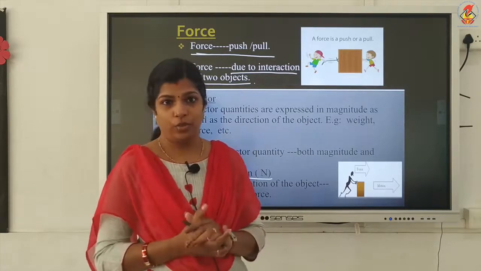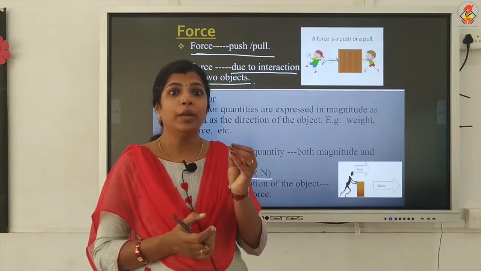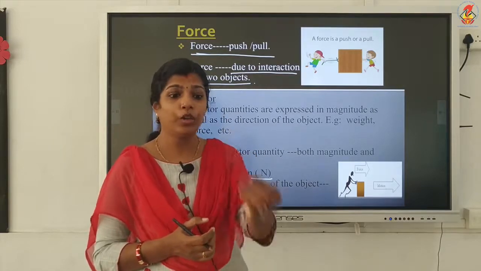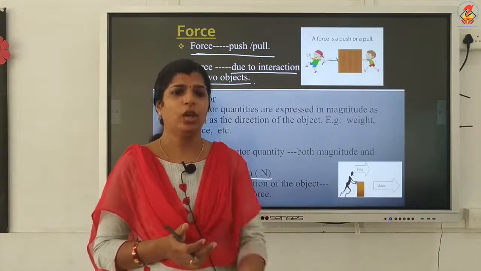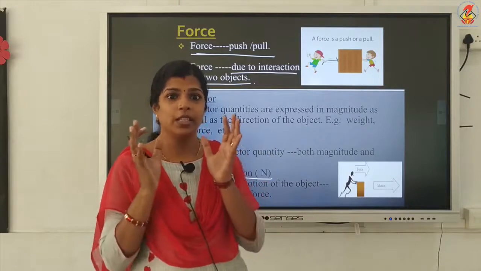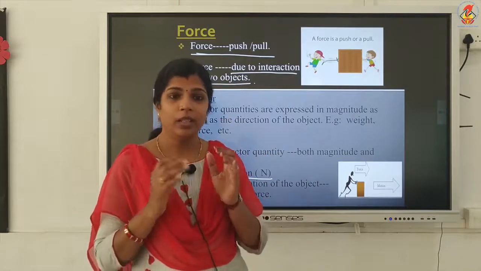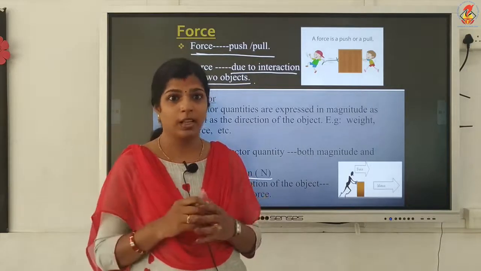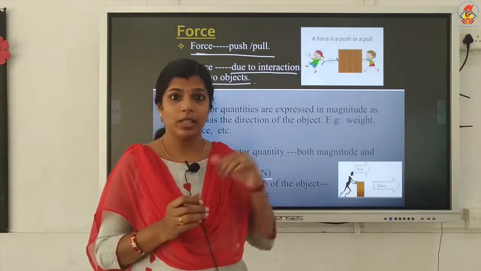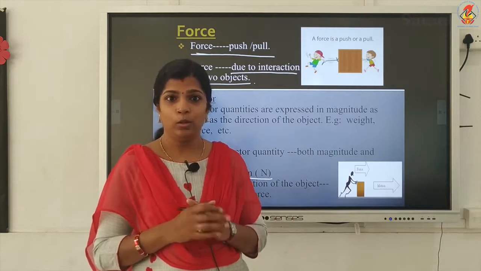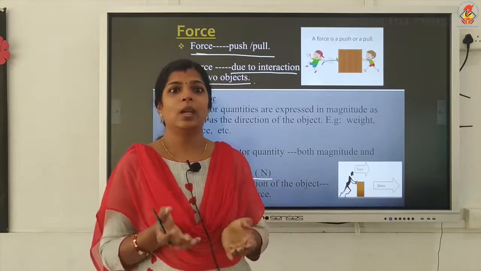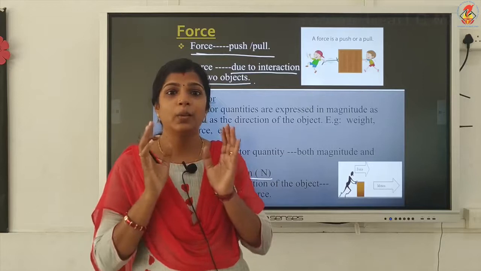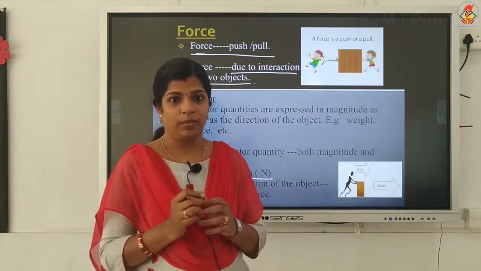Length of a textbook or your height, for example, 165 centimeter. Would anyone say 165 centimeter in the east direction or in the west direction? No. Simply we say 165 centimeter.